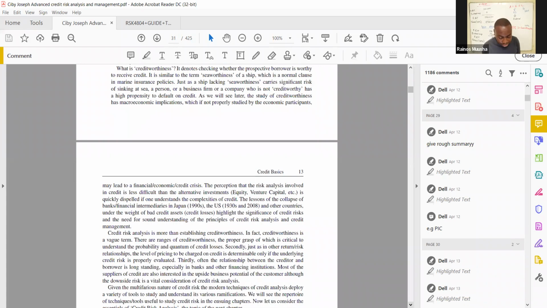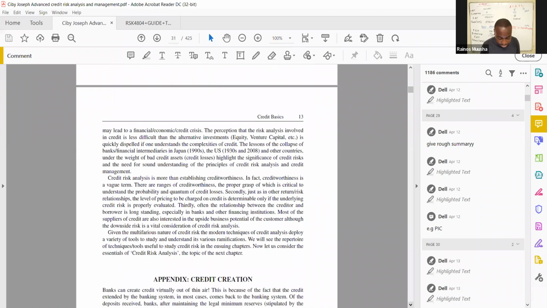So you can just go over it, because they're just showing you the changes and the evolution of the credit study over time. I don't think there's something highly examinable here.